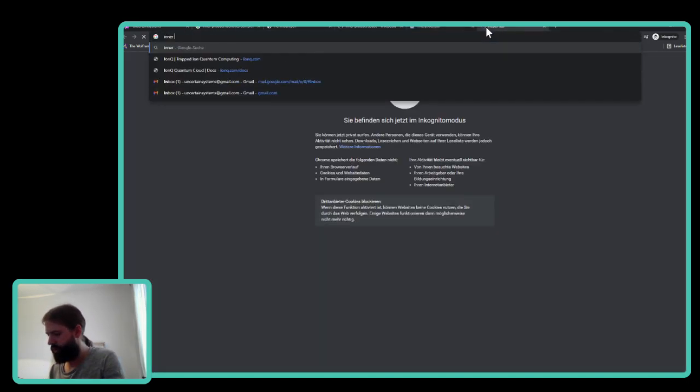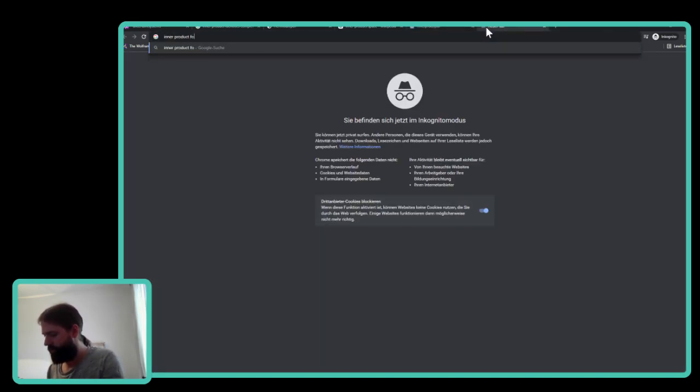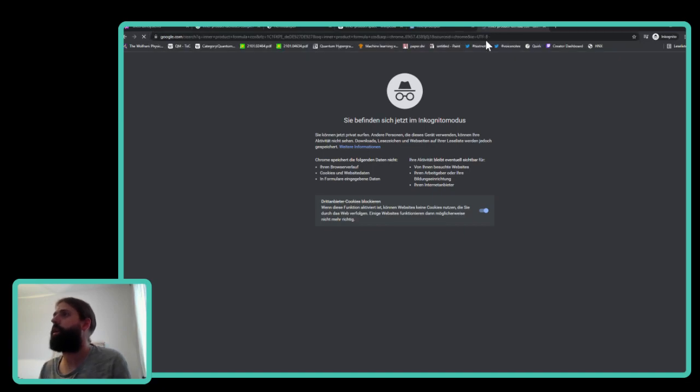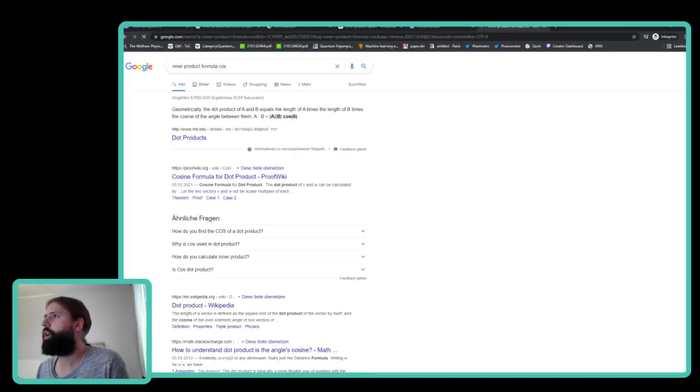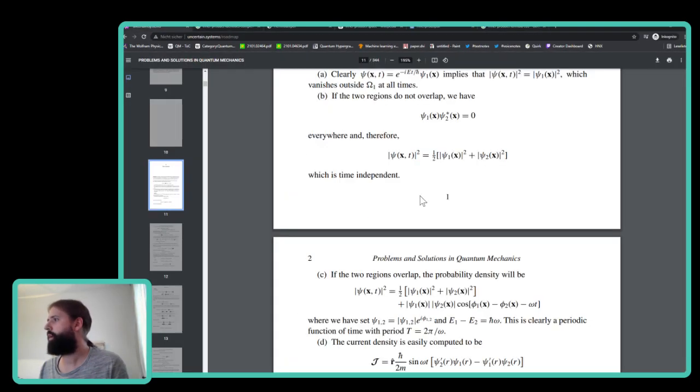So, inner product formula with cosine. There you go. The dot product of A and B equals the length of A times the length of B times the cosine of the angle between them. There you go. I don't have all these identities in my head, so that's why.